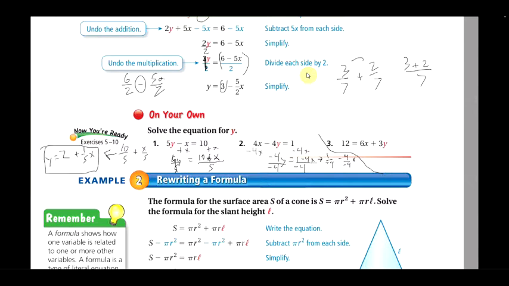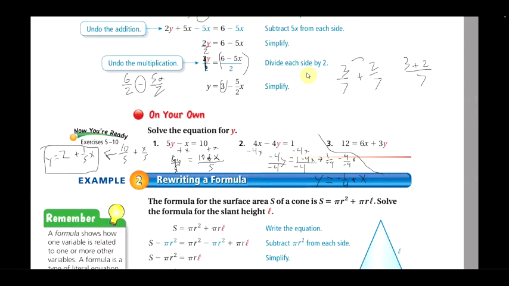And negative 4 divided by negative 4 would be positive 1. So our answer here is y equals negative 1/4 plus x, because 1 times x is just x.